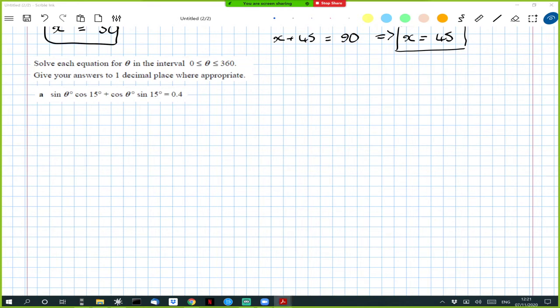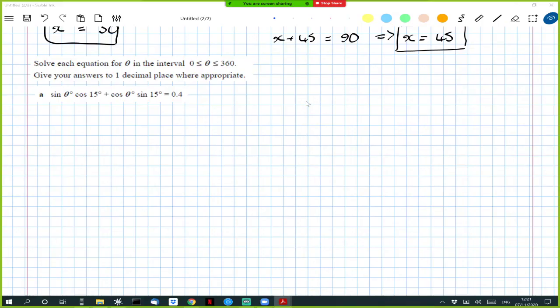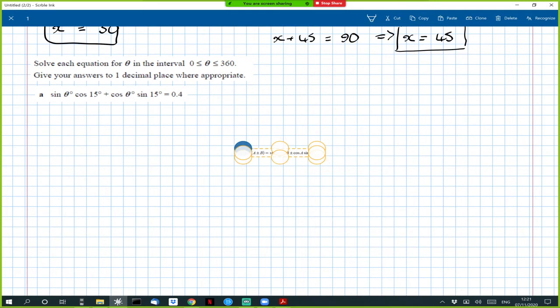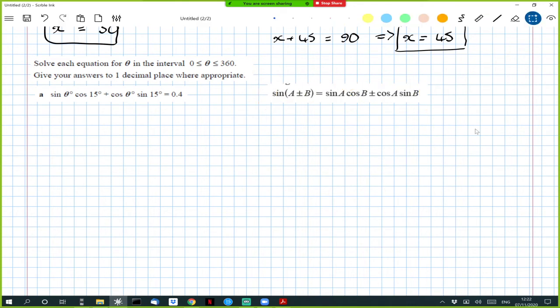We can see it's sine cos, cos sine. So if you have a look at the formula, the one that it's most similar to is this one here. So use that formula to put it back into compound angle form.